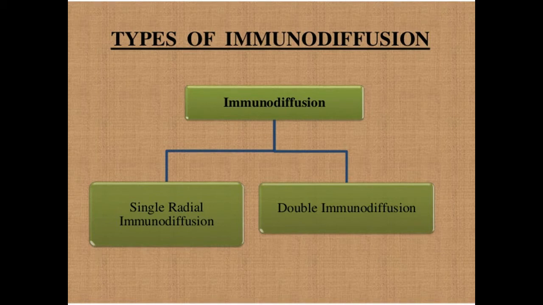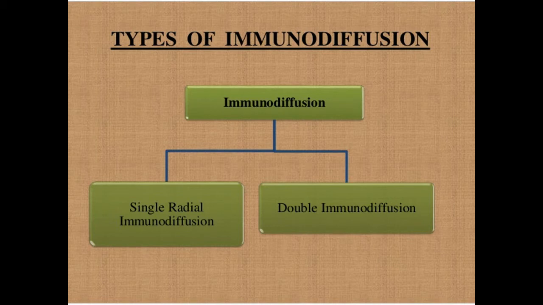Now in the case of double immunodiffusion, we have the same kind of division: double diffusion in one dimension and double diffusion in two dimensions.